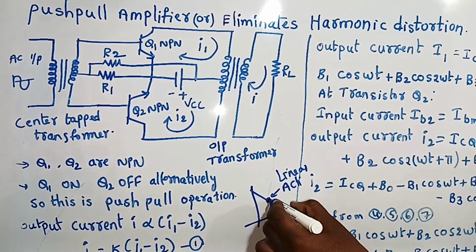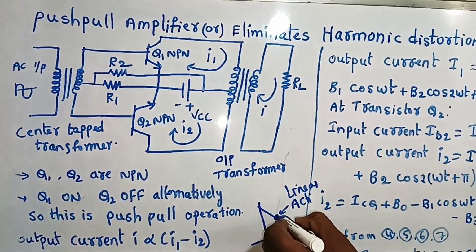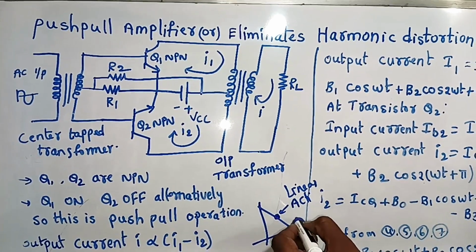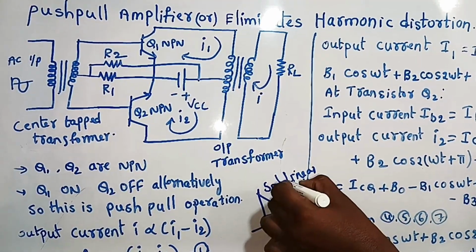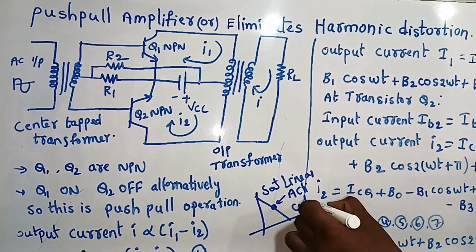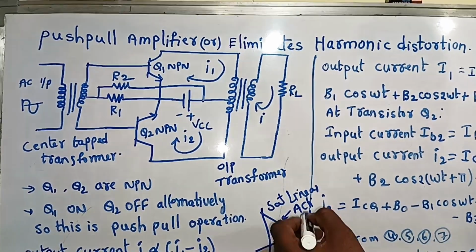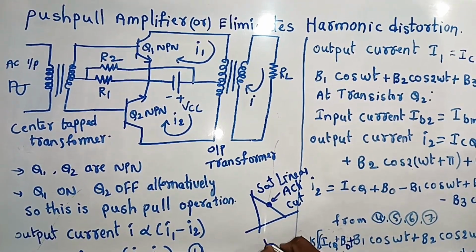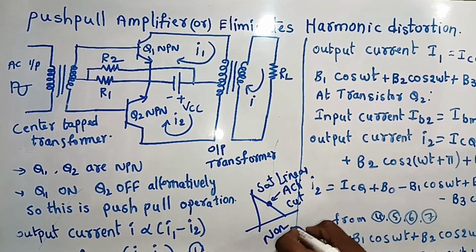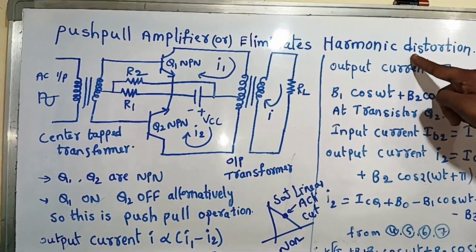But in power amplifiers, the Q point moves above or below the active region, towards the saturation region or the cutoff region. Because of this movement, there will be some non-linearity, and because of that, there will be some noise or distortion in the power amplifiers.